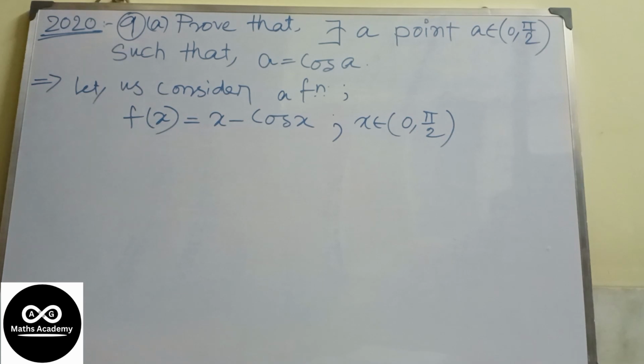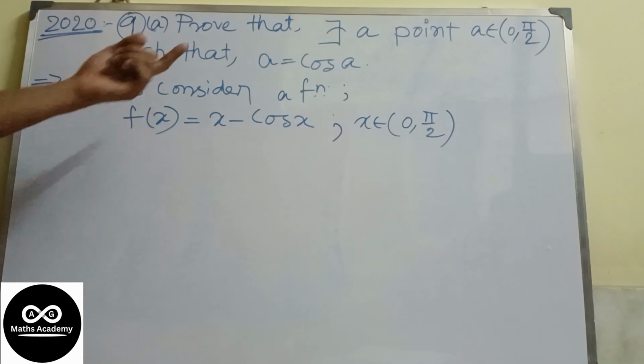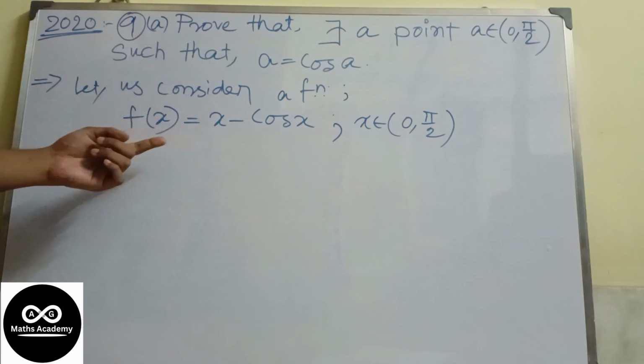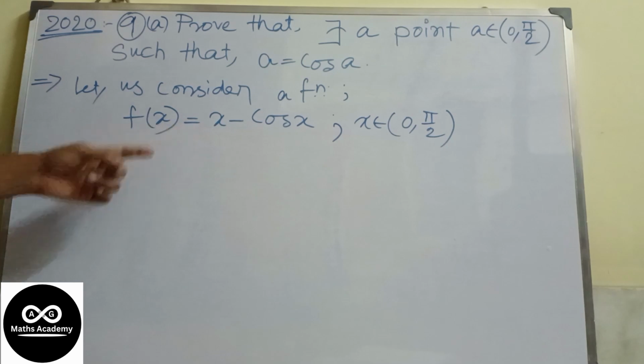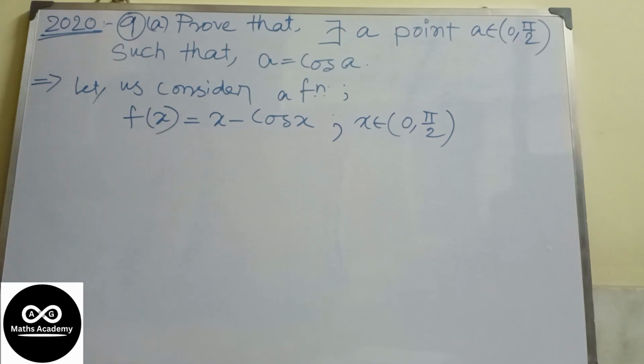Now what we will show is that there exists a point A such that this thing will be 0.